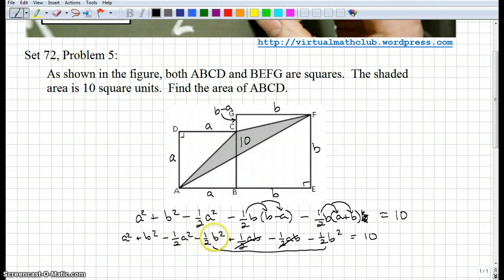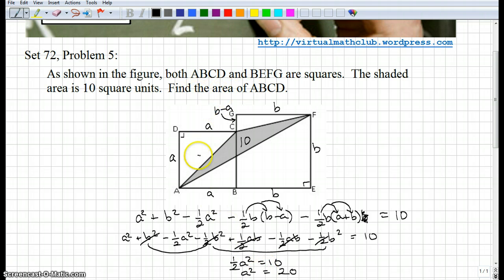Combining these with the B squared, I get B squared minus a half B squared minus a half B squared, so those are just 0. So all I have left is A squared minus 1/2 A squared. That's just 1/2 A squared, and that's equal to 10. And so that means A squared is equal to 20, which is actually what we want to find.